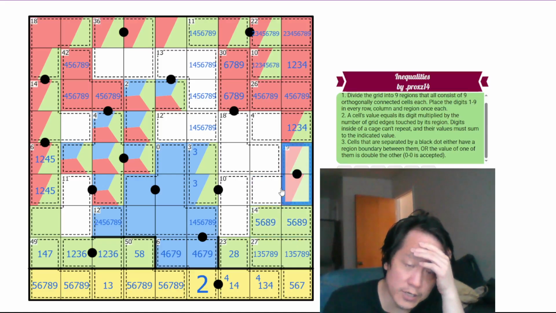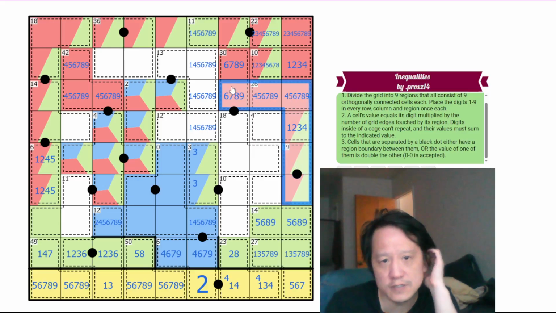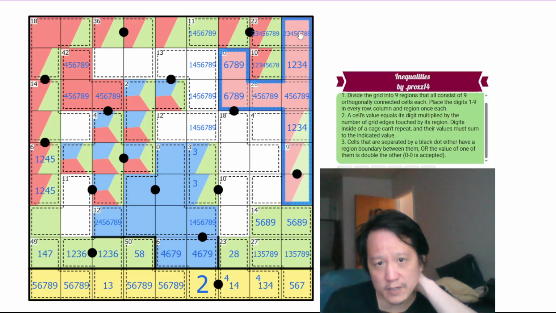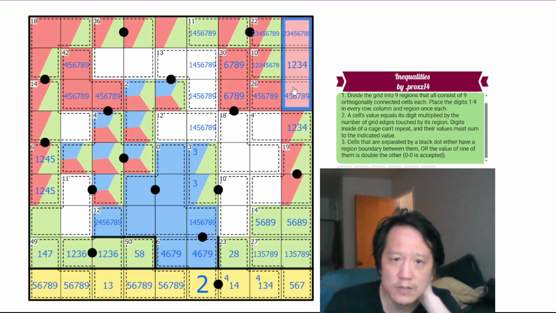We need a green here. That's valid now because this could be just double reds. So that's fine. 1, 2, 3, 4, 5, 6. 1, 2, 3, 4, 5, 6, 7, 8, 9. That could work.